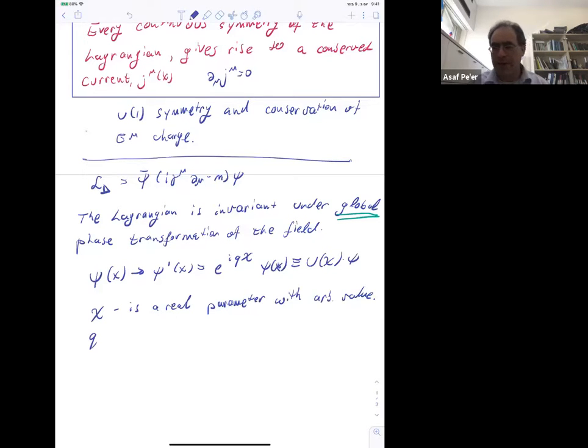Or really, this is the coupling constant of the electromagnetic interaction, to be more precise. So this is a real constant, which will be equal to the coupling constant of the electromagnetic interaction.